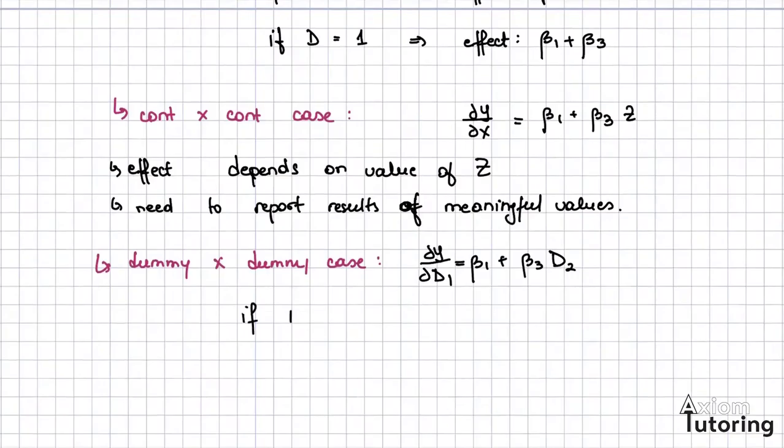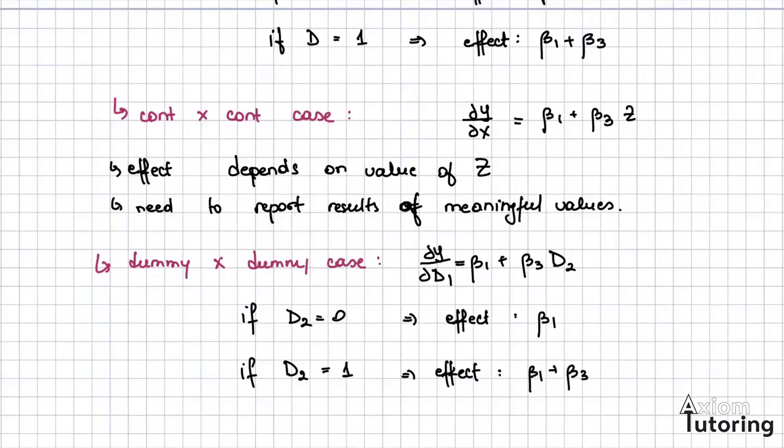The cases are if D2 is equal to 0 or D2 is equal to 1. In the first one, the effect is just going to be beta 1, but in the second one, the effect is going to be beta 1 plus beta 3. Okay, so same formula in every case. The only difference is the range of values z or d can take.